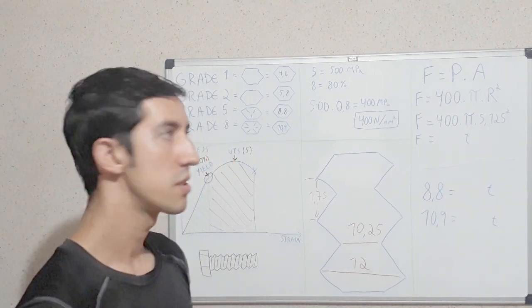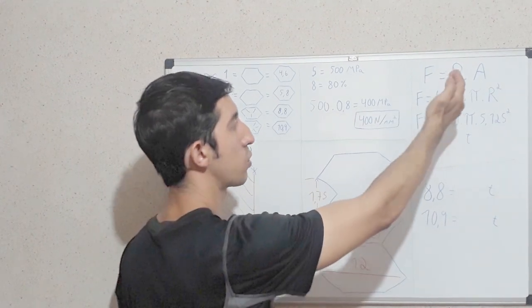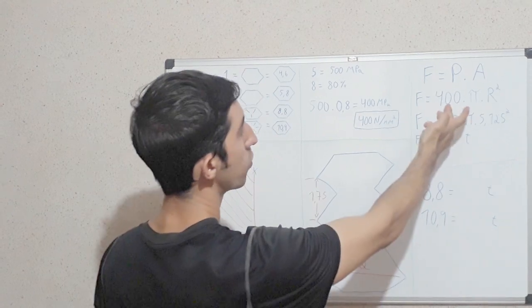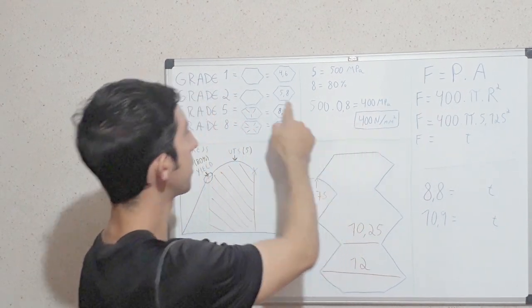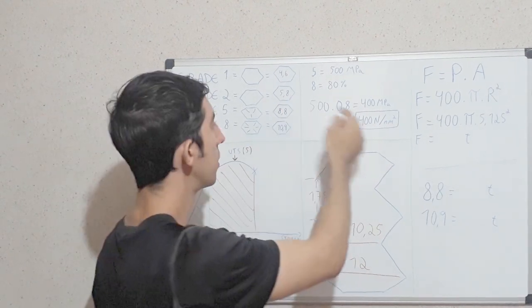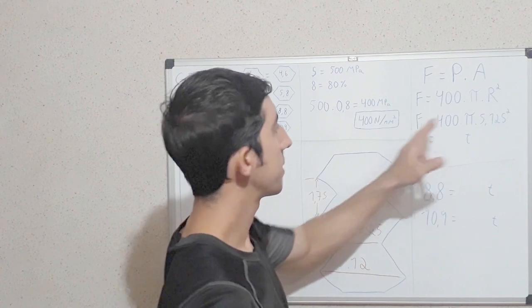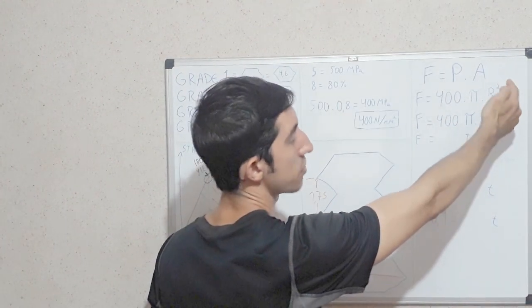To find the force, we're going to use this formula here, which is force equals pressure times area. The pressure we already have in this example, which is the 5.8 or grade 2 bolt, and the area is pi times radius squared.